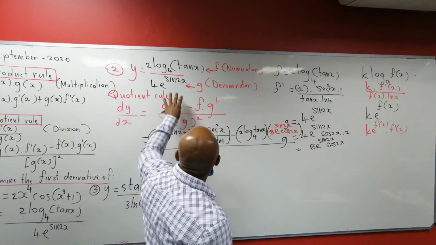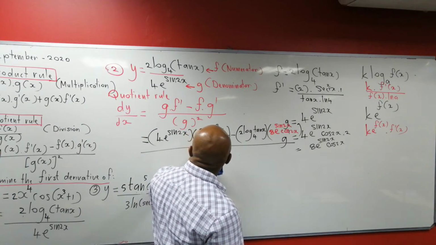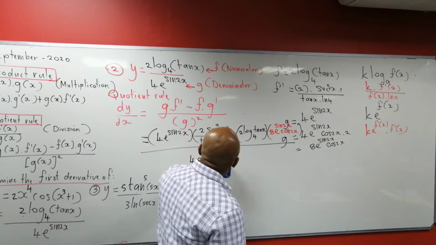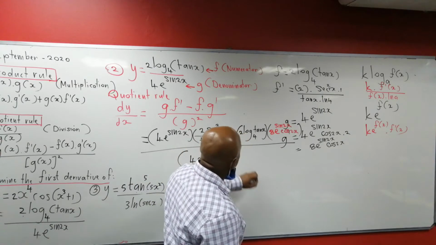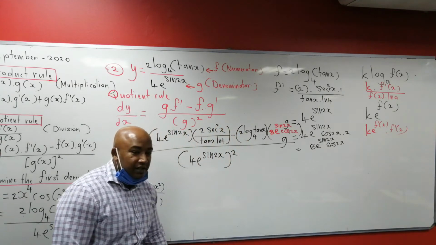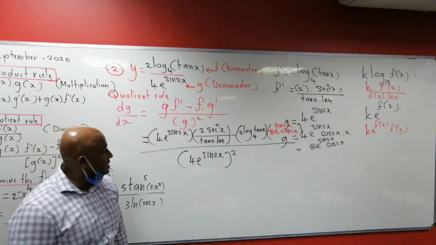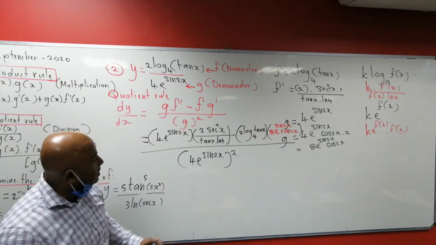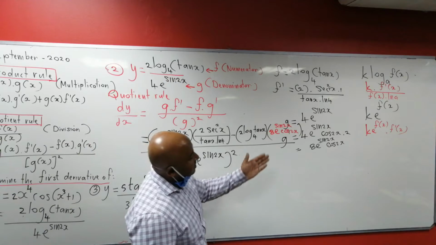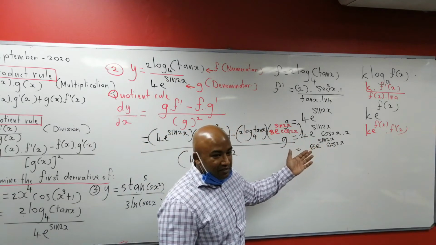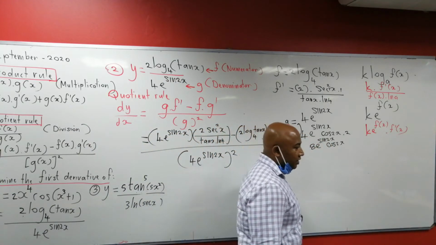So what is my denominator? It is 4e to the power sine 2x, and the whole thing is squared. That is the main thing you need to know. Let's not worry about the simplification at the moment. The main thing is know your table of derivatives and substitute correctly.